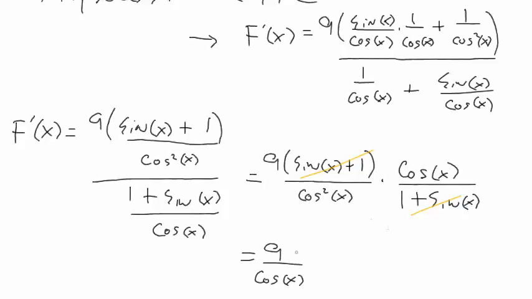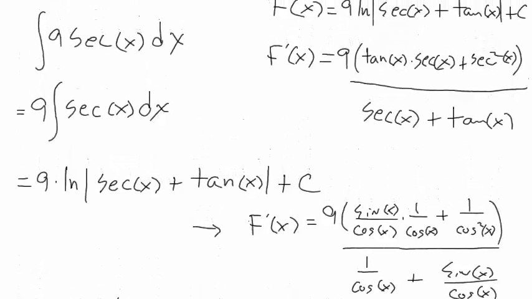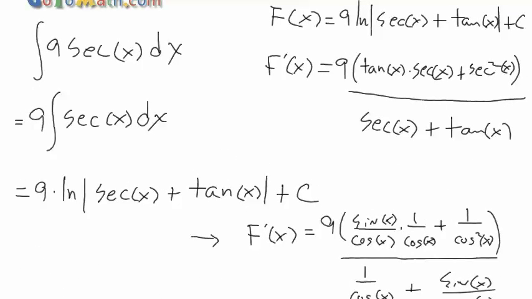Isn't that amazing? And of course, this can be written as 9 secant x. Whoa, man, how about all that work? 9 secant x, and look at what we've got up here, 9 secant x. Isn't that amazing?